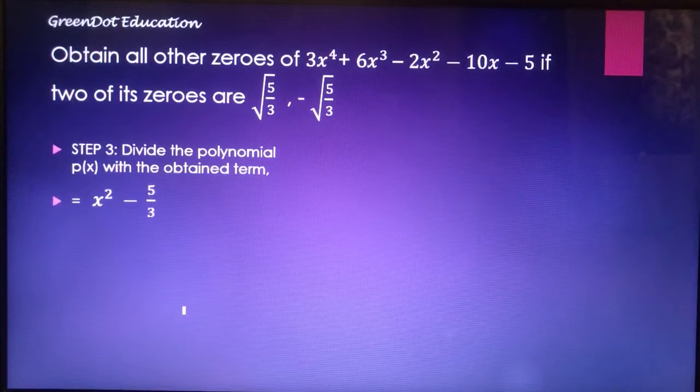Now we follow the third step, that is divide the polynomial p(x) by the obtained term, that is x squared minus 5 upon 3. Here we can see that all the terms are not given, because this polynomial is of degree 2, which is the highest degree, but the term with degree 1 is missing.